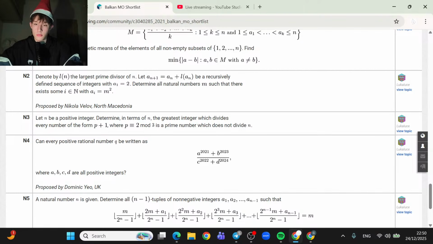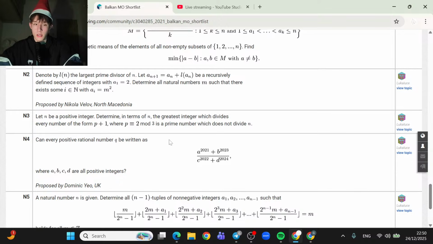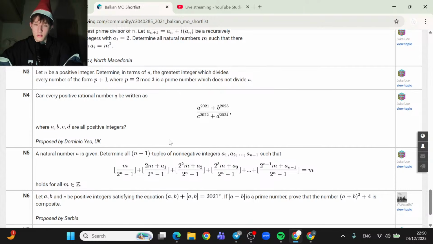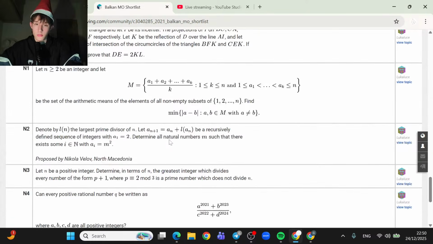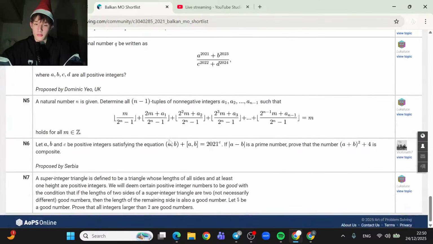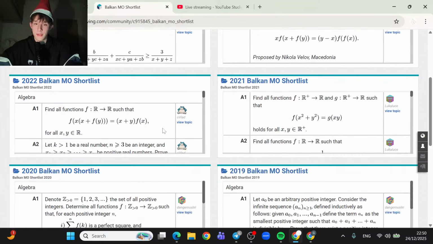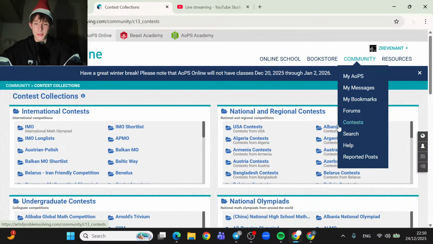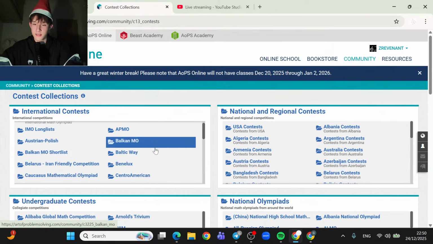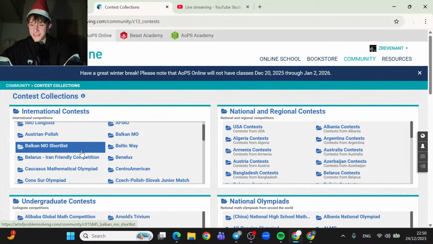Can every rational number q be written as... Okay. Yep. No thanks. Maybe we should go to some different contests because Balkan NT sections are just not good.